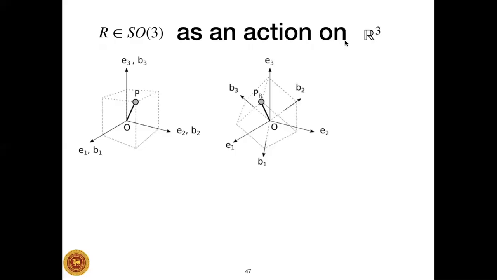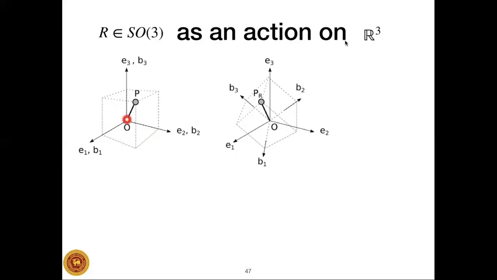So let's now look at the following situation. We have a box, and there's a frame, the E frame. The E frame is fixed to earth, and the box is free to move, but initially the box is in an orientation as shown in this figure.